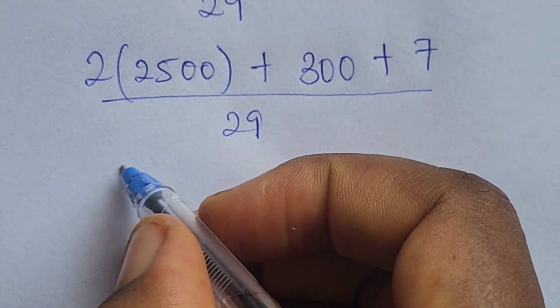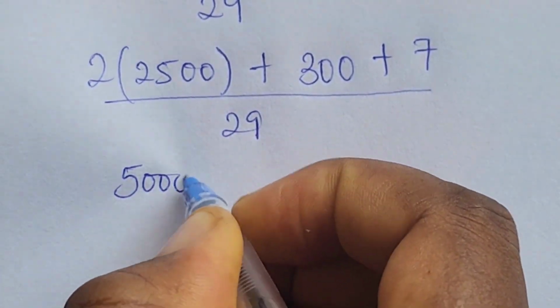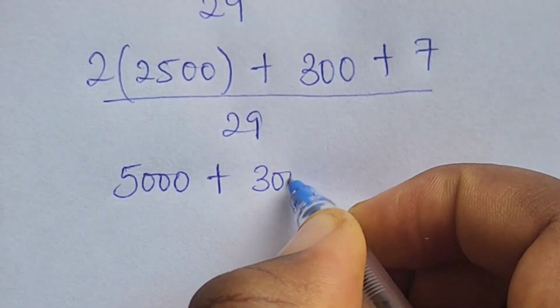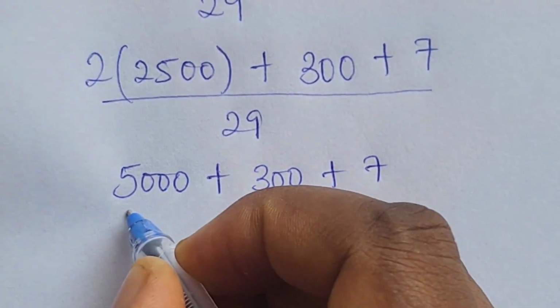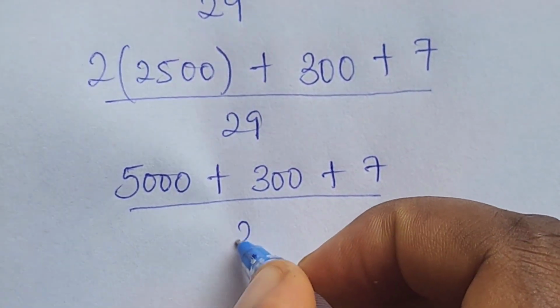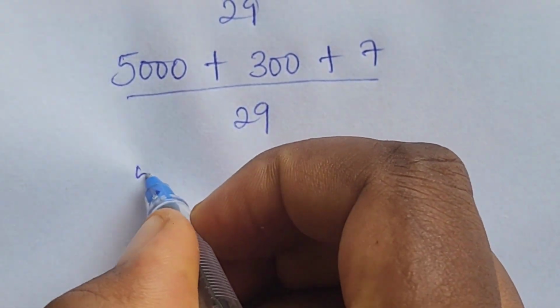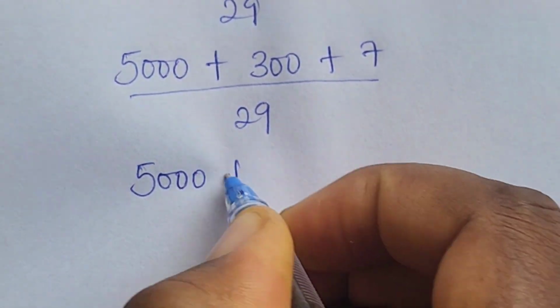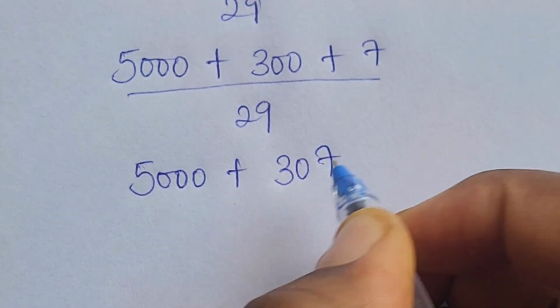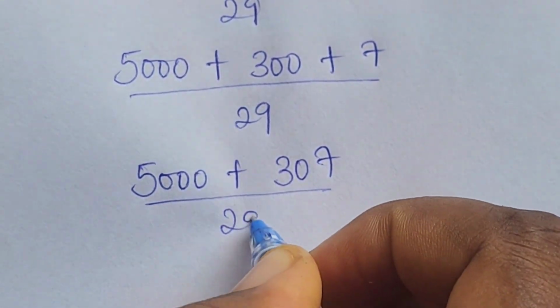So opening this, we have 5,000 plus 300 plus 7 all over 29. So when we add this up, we have 5,307 divided by 29.